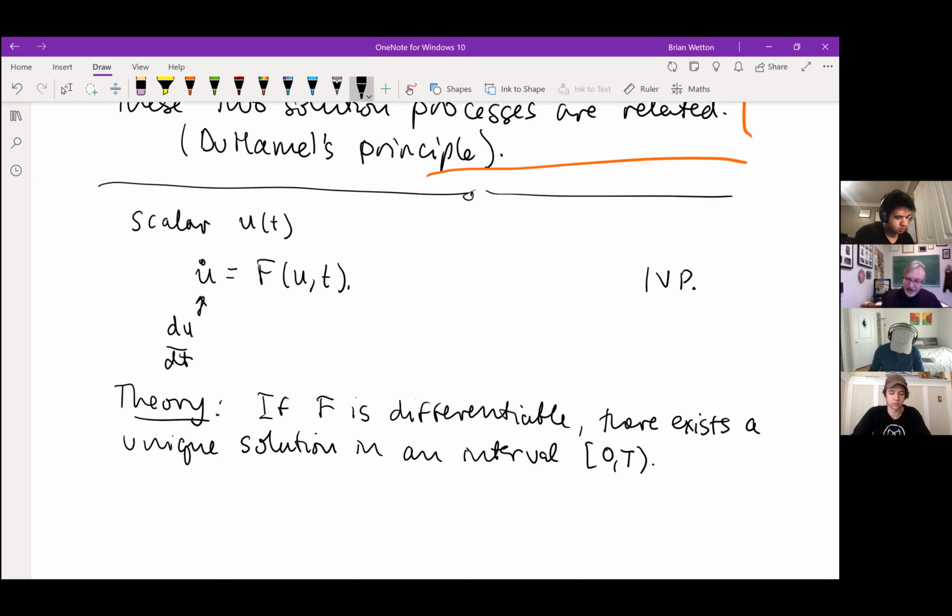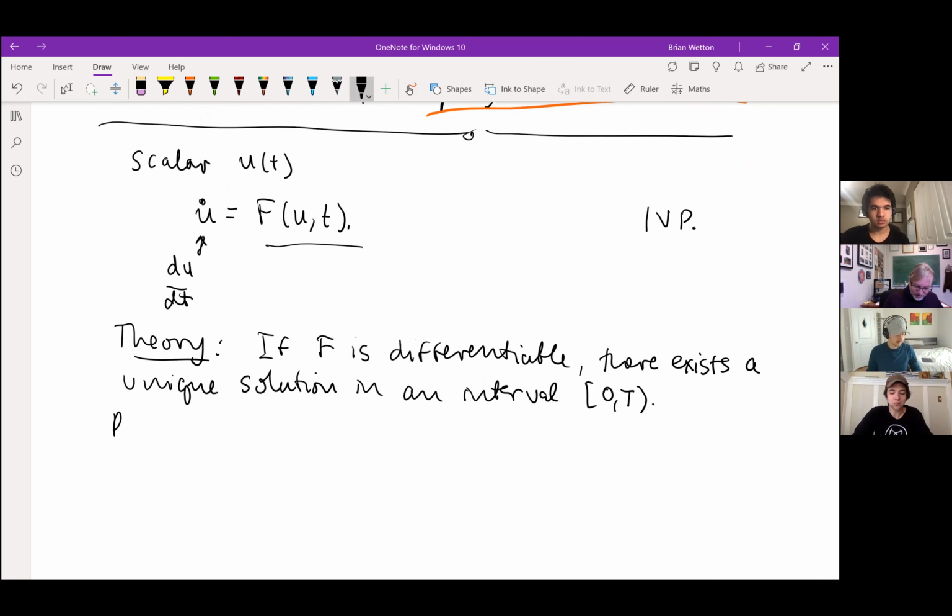Because remember, for nonlinear problems, you can have only finite time existence. You can have things going off to infinity in finite time. And there are some good conditions in the notes which let you know when the solution will exist for all time, for sure.